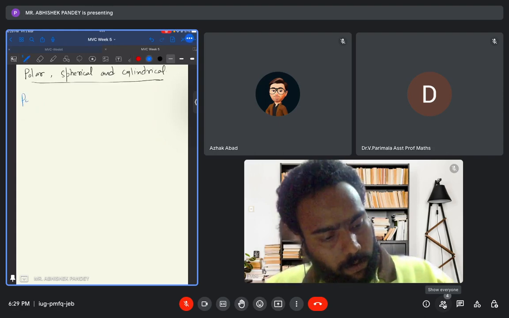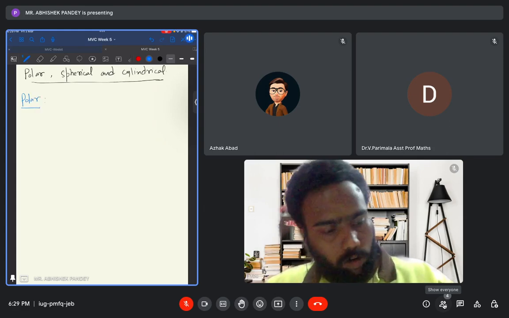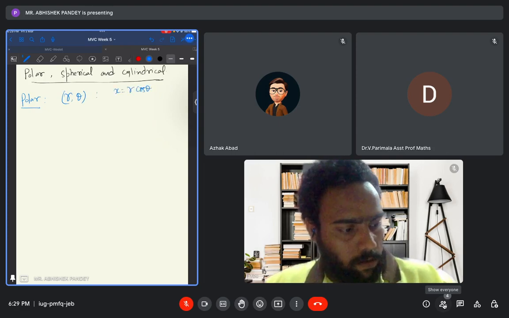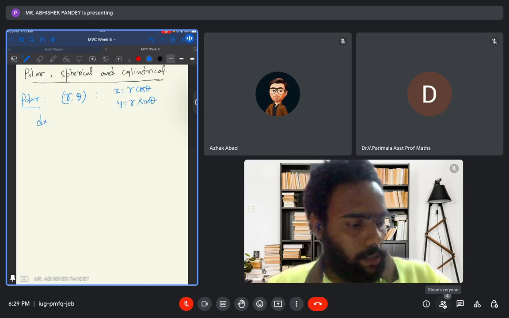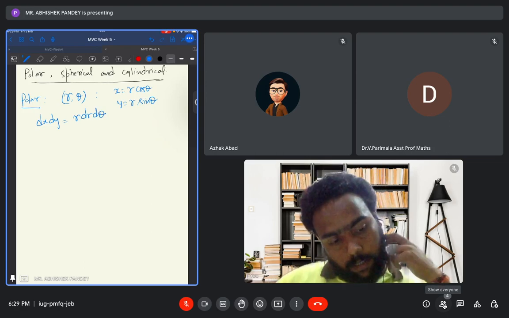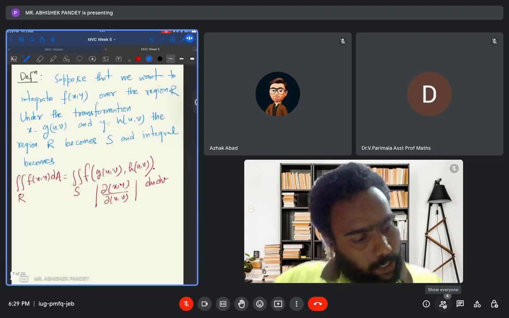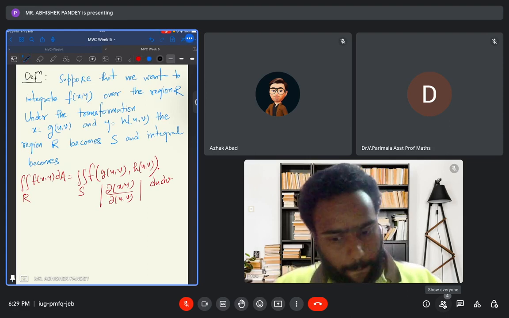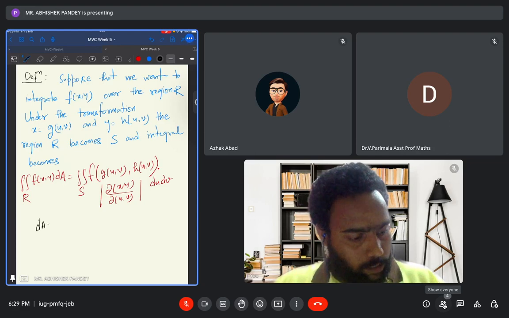So in polar our coordinates are r comma theta, where x equals r cos theta, y equals r sin theta, and the area element becomes r dr d theta. Here, if you see, this dA is nothing but the determinant of this one.